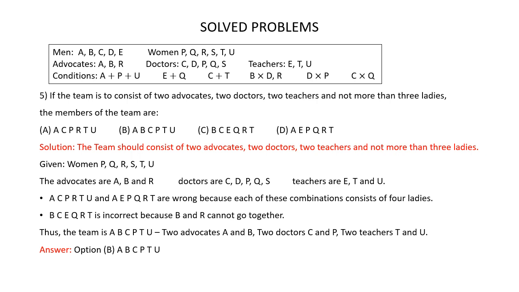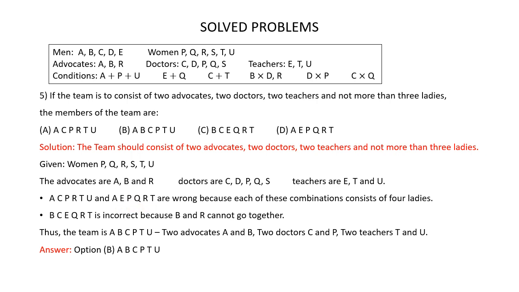Also, the answer option AEPQRT is also wrong because this also consists of four ladies PQRT and we need not more than three ladies in the team.